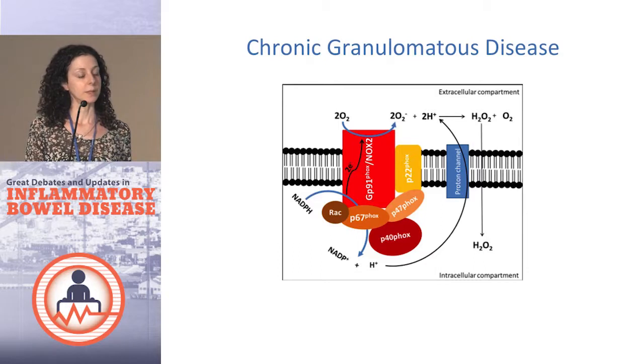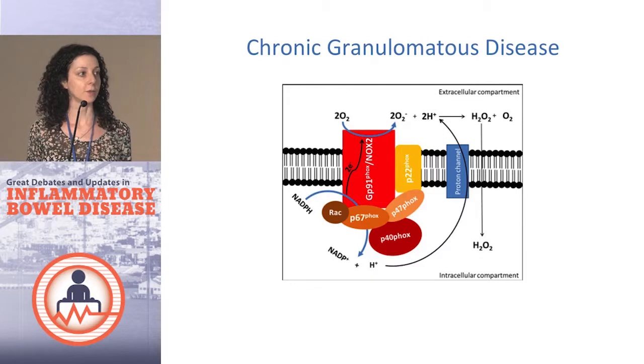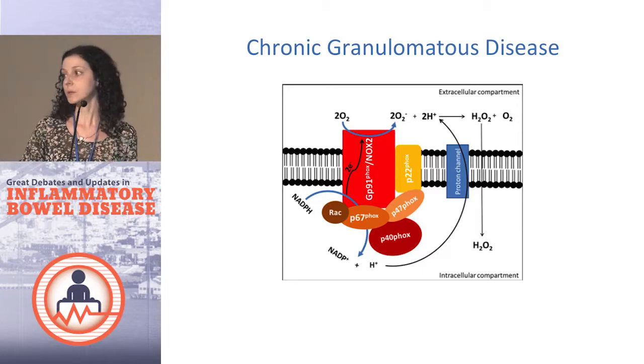So chronic granulomatous disease is associated with IBD. It's the rare variants, again, that are seen in kids with the very early onset. So any defect in the complex that allows for NADPH binding and production of reactive oxygen species to allow for phagocytosis or killing can result in CGD with multiple abscesses, but also a very severe colonic disease.